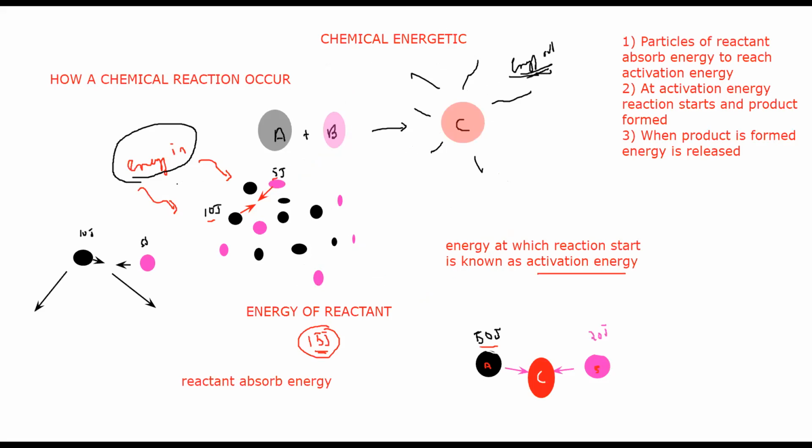How can you identify whether the overall reaction is exothermic or endothermic? To identify the nature of the reaction, if energy absorbed is more than energy released, then it will be endo.